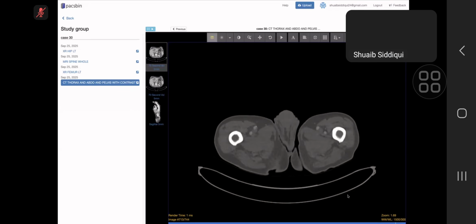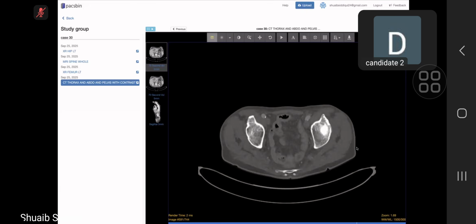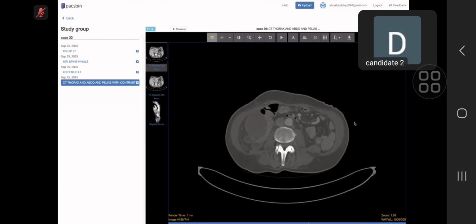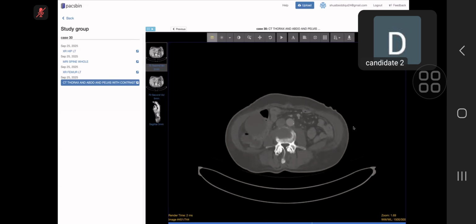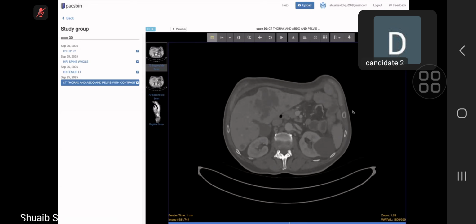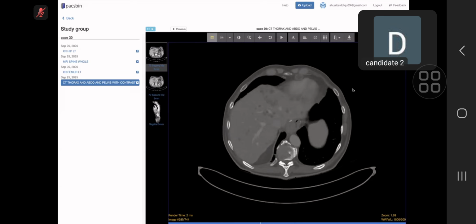Okay, you can have a look at the spine. Have a look at the spine, please. Yes, I will go up. Okay, sacrum appearing normal. The spine also shows lytic lesion here.